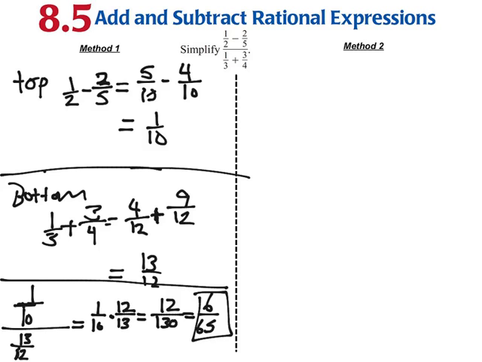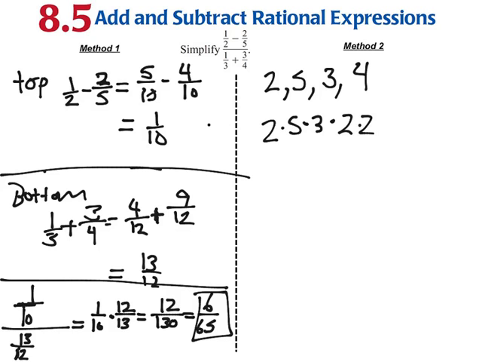The other method is to find the least common multiple between all the denominators. So 2, 5, 3, and 4. That would be 2 times 5 times 3 times, those are all primes. 4 then is 2 times 2 to get it in as a prime.